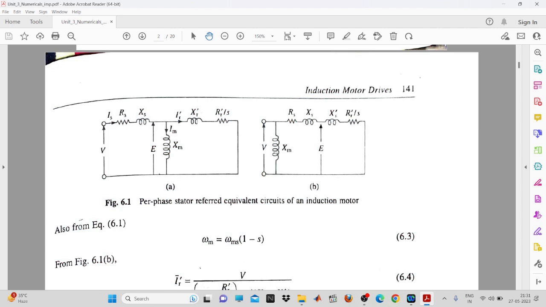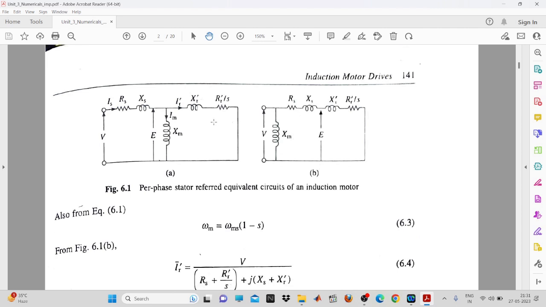This is not the exact one, this is the exact one, and this one is the approximate one. So either you can go for this circuit, or you can go for this circuit, fine.